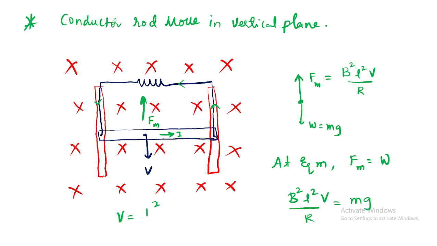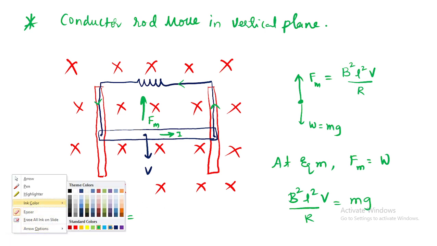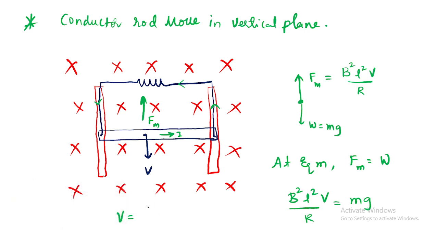What is that velocity? B square L square, I'm sorry. It will go down, right? So V is equal to what now? Mg divided by R, so MgR. Very good.